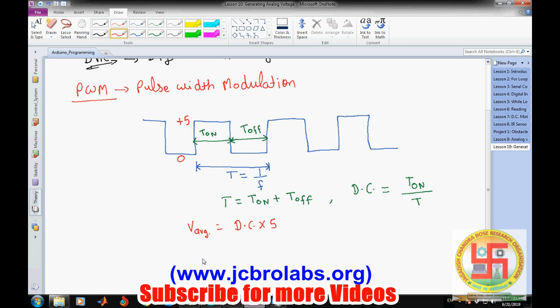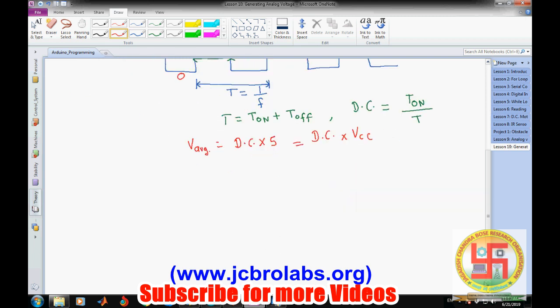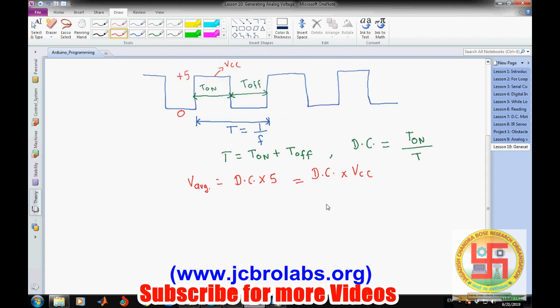That is the maximum value. In generalized form, if it is VCC, the average value will be simply duty cycle into VCC.